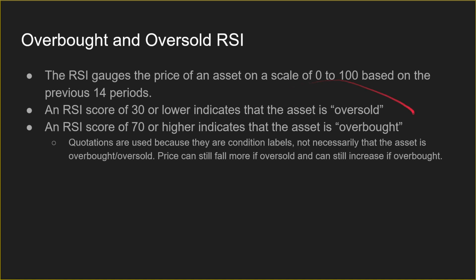If the RSI reading is below 30 on a certain asset, it's considered oversold in terms of indicator reading, not necessarily that, oh, that's the bottom. Just because an asset is oversold doesn't mean that it can't still fall more. Price can still fall more if oversold, and price can still increase if overbought.